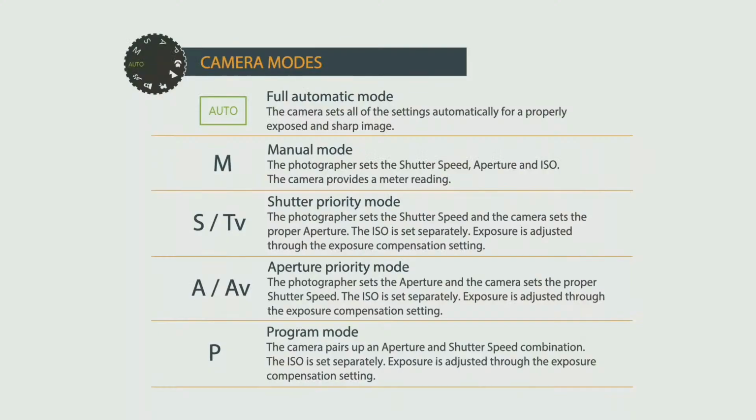Then you have the S mode or the TV mode. This is actually the shutter priority mode. What the shutter priority mode, as the name says, does is give priority to your shutter settings. For example, Priya, you had a question where you asked me what the best settings are for 1/500th of a shutter.